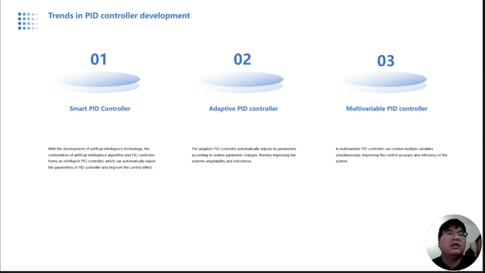The PID controller is also constantly evolving. For example, combining artificial intelligence, intelligent PID can automatically find the optimal parameters, then can self-adjust according to system change.